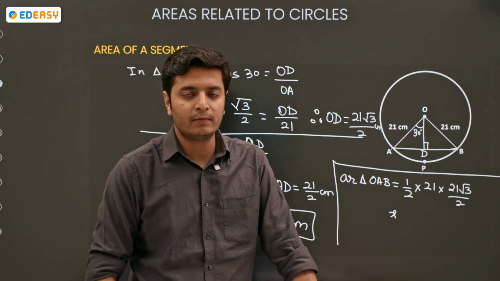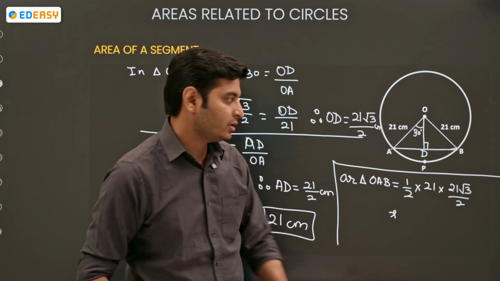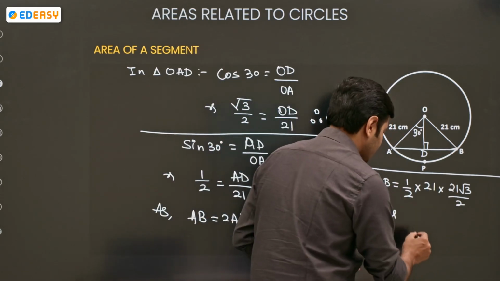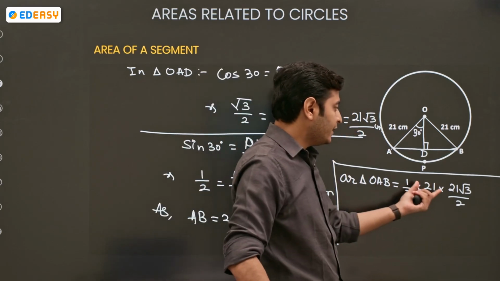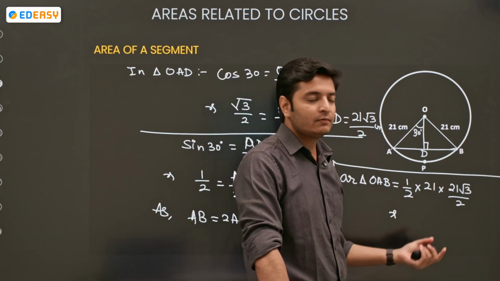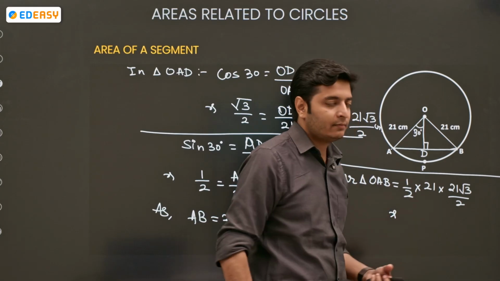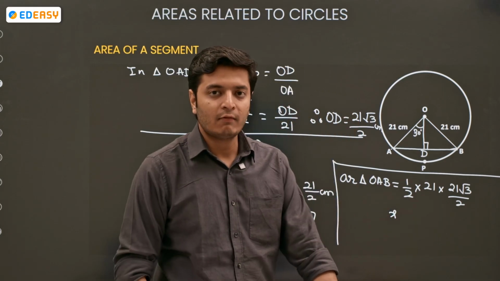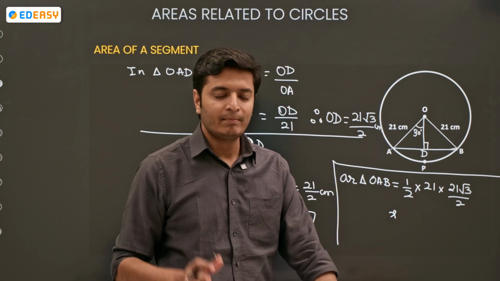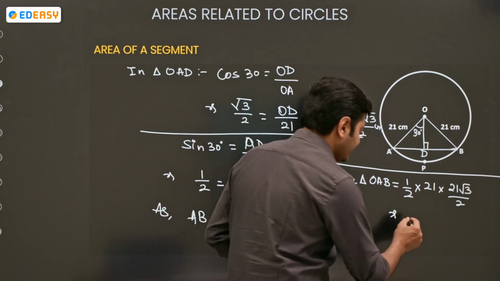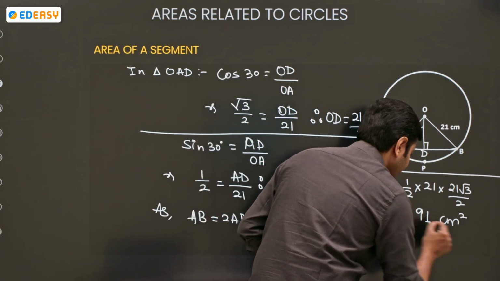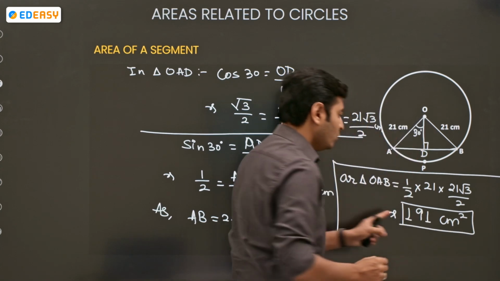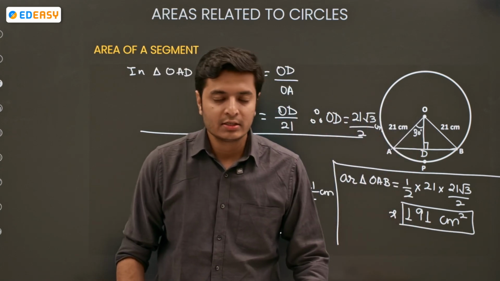So, I am rounding it off to 191 centimeter square. Because root 3 value is 1.732, if you find the square of 21, multiply that with 1.732 and divide that with 4, you will get 190.95 something. So I will round it off to 191. So the area of this triangle is 191 centimeter square.